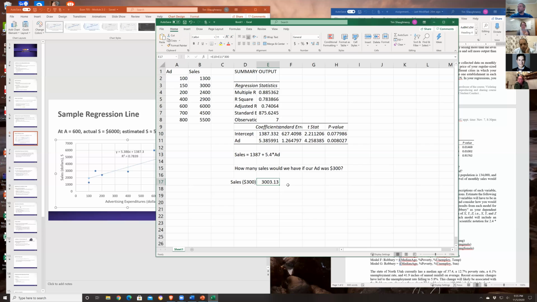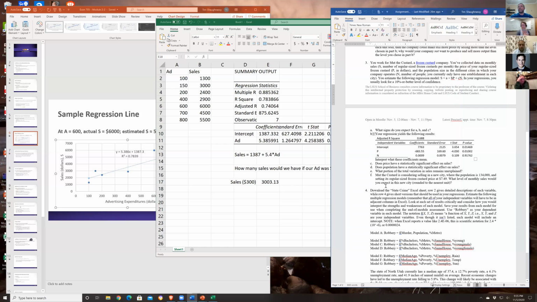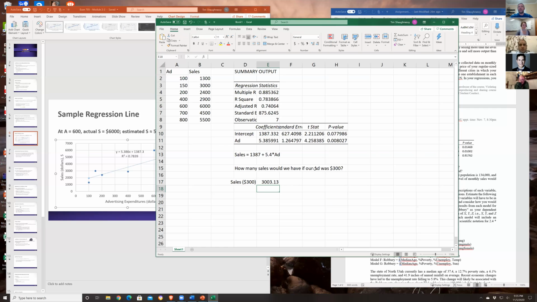So I'm trying to remember which one of your chat questions prompted me to do all this. Oh, it was the speaking of 3 part F. Because 3 part F is basically asking you that. I mean, because I say here, how many sales would we have if our ad was $300? Because I was able to look at this equation from slide number 6, and I can plug in whatever value you might think of for advertising expenditures, and it'll predict the amount of sales I'm going to get.